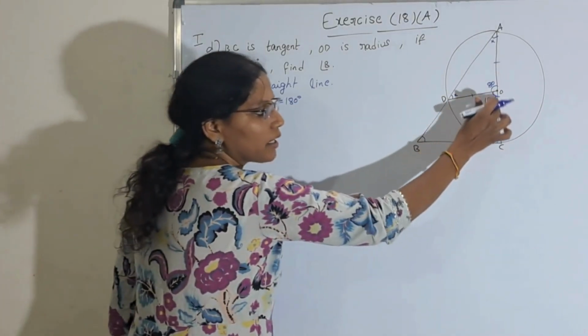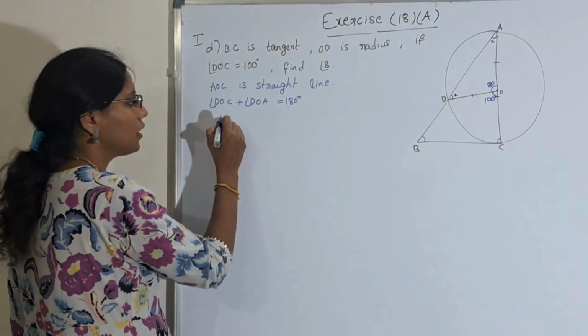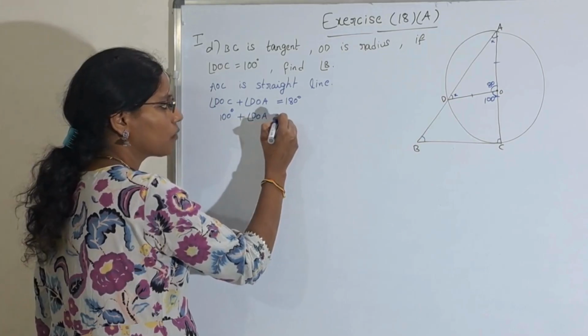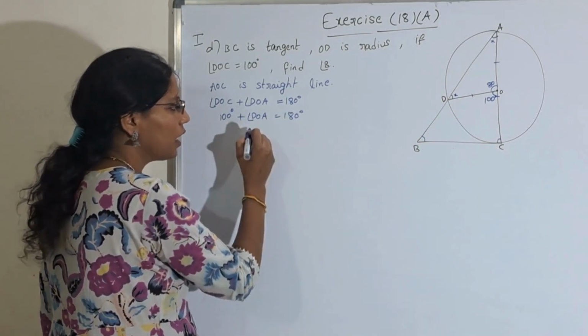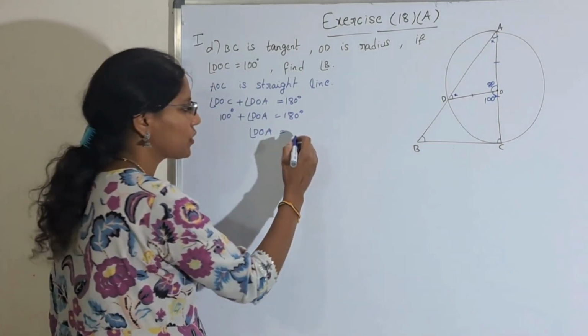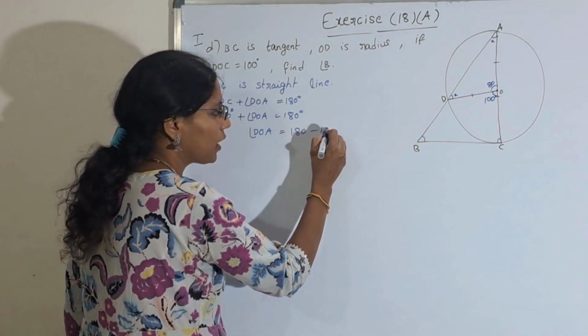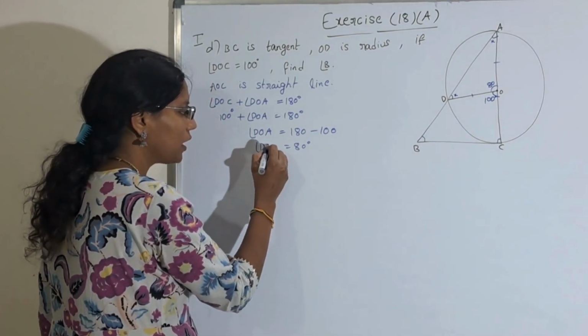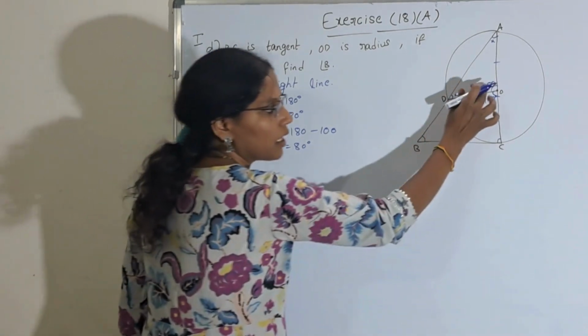Here DOC they have already given 100 degrees. 100 degrees plus angle DOA is equal to 180 degrees. Here angle DOA is equal to, this 100 we have to send to the right side, 180 minus 100 degrees. 80 degrees it will come. Angle DOA is 80 degrees.